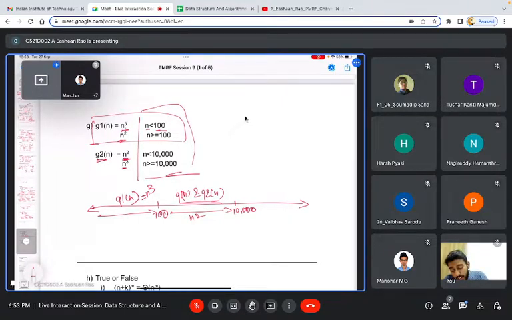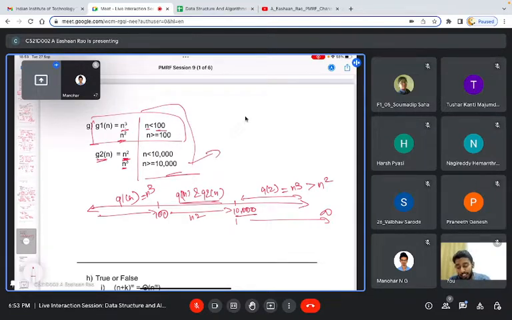But after 10,000, it will always be g2, because it has n cube, and we have proved that n cube is greater than n square. Overall, we look from 10,000 to infinity, and we want to see which function is bigger.